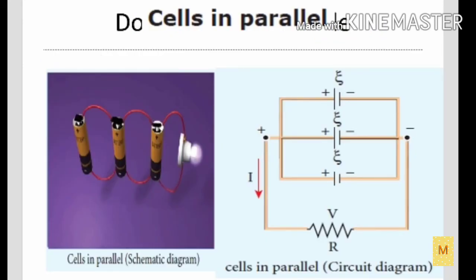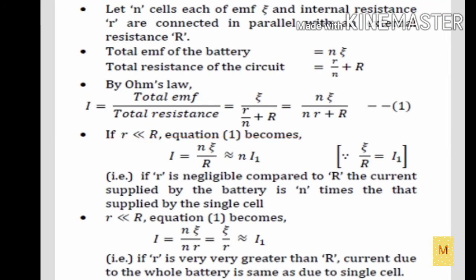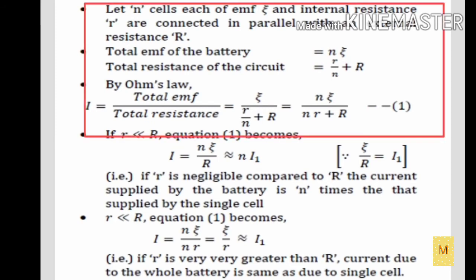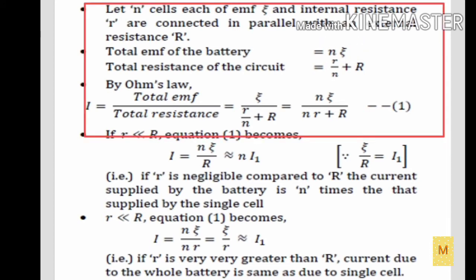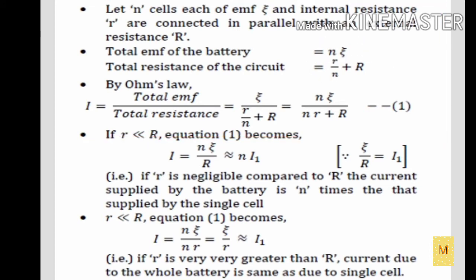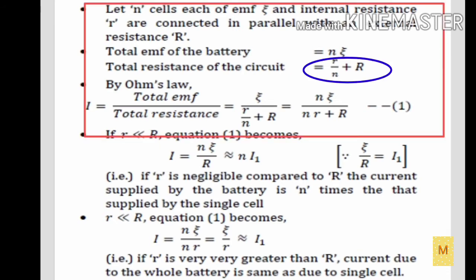Next one, cells in parallel. Here we are going to discuss what will be the current produced by the cells when they are connected in parallel. Let us imagine n number of cells, each of EMF psi and internal resistance small r are connected in parallel with an external resistance capital R. Let psi be the total EMF of the battery and small r by n plus capital R be the total resistance of the circuit.